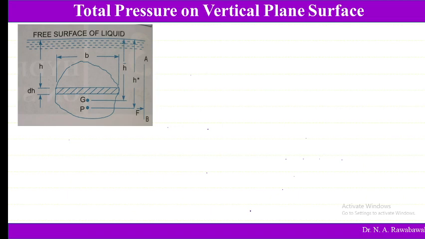Now we will find out the total pressure on a vertical plane. The total pressure on the surface may be determined by dividing this complete area into small strips like this, calculating a small force dF on each strip, and finally adding all those forces together to find the total force.